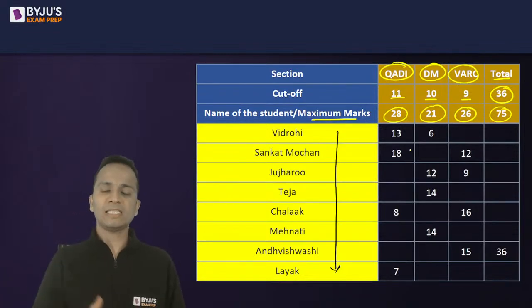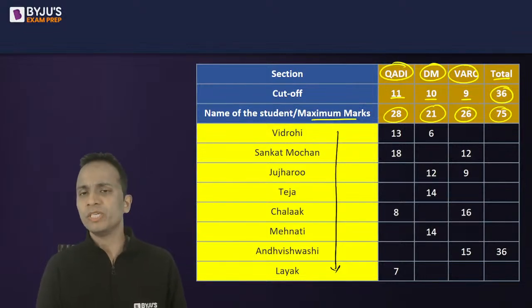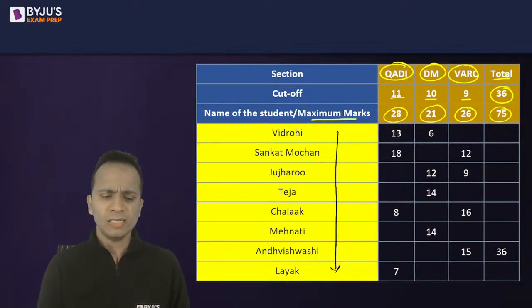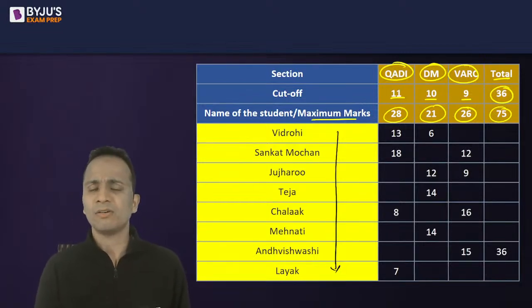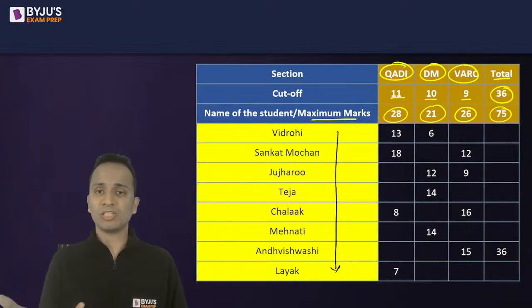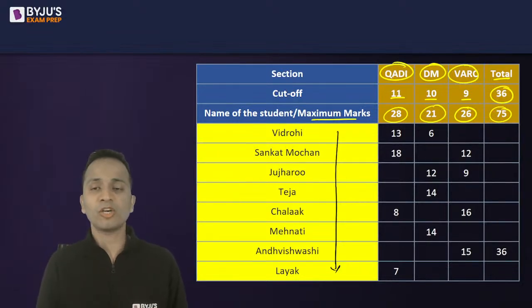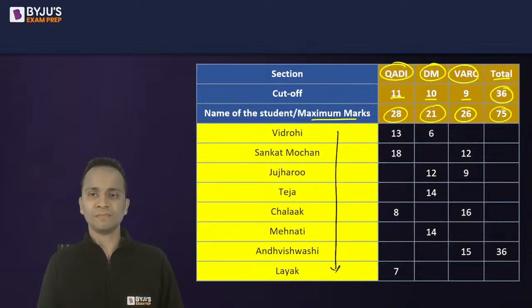Now the table has given us the data of these 8 students about their marks in some of the sections, as well as the total marks. Some of the data is missing, and we'll be working on this incomplete set of data. Right now you cannot do anything because no further information is given.